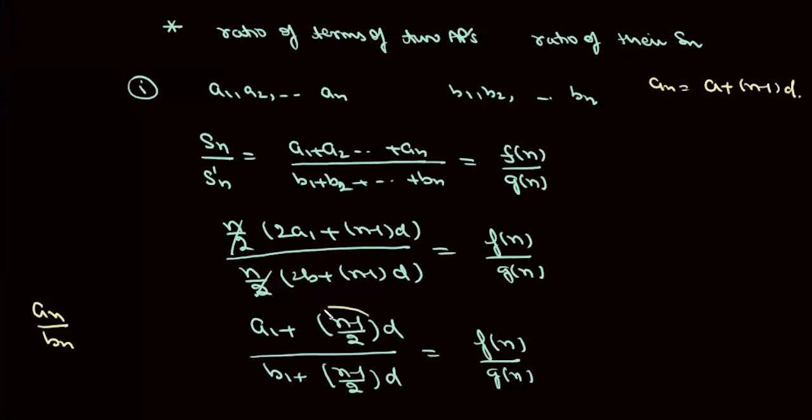So instead of (n minus 1) by 2, we need (n minus 1). So what we will do is we will replace n with 2n minus 1.